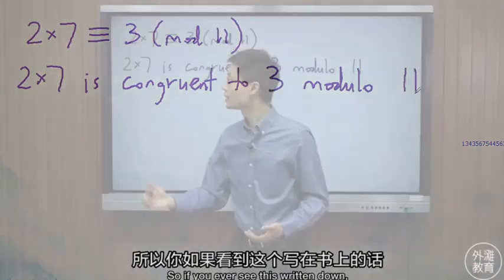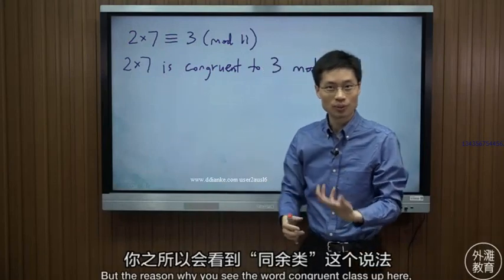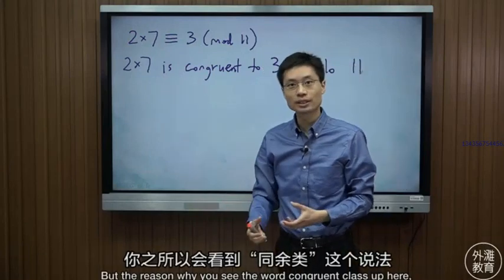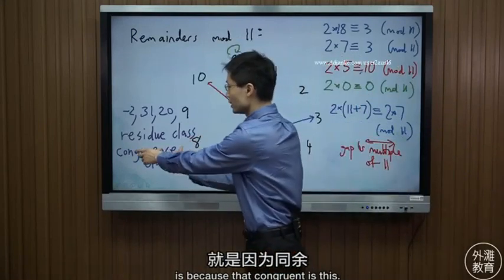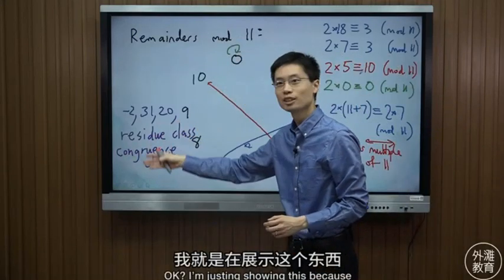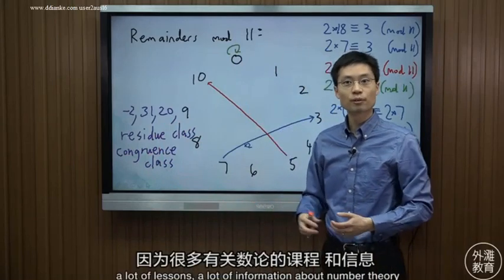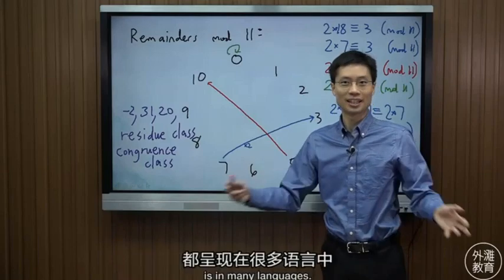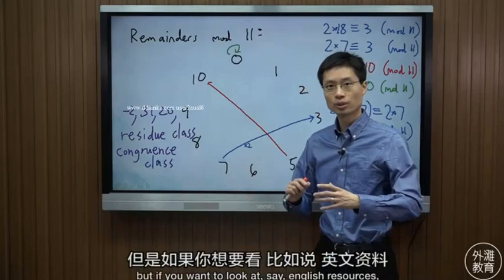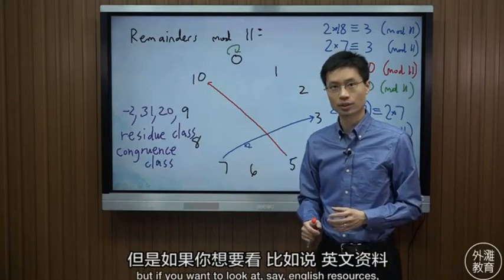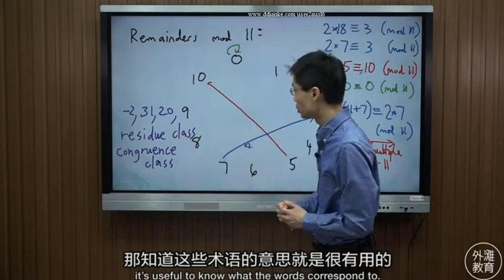So if you ever see this written down, all this means is that. I'm just sharing this because a lot of information about number theory is in many languages. You certainly have many in Chinese. But if you want to look at English resources, it's useful to know what the words correspond to.